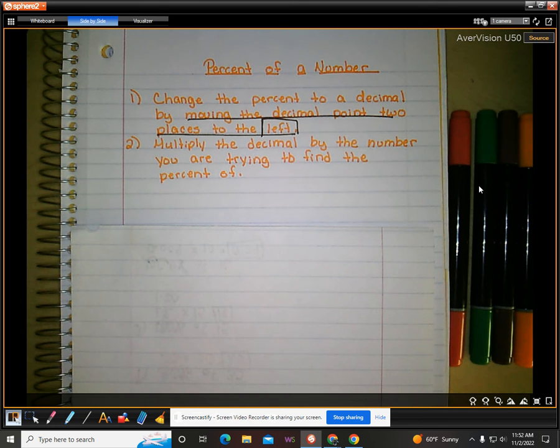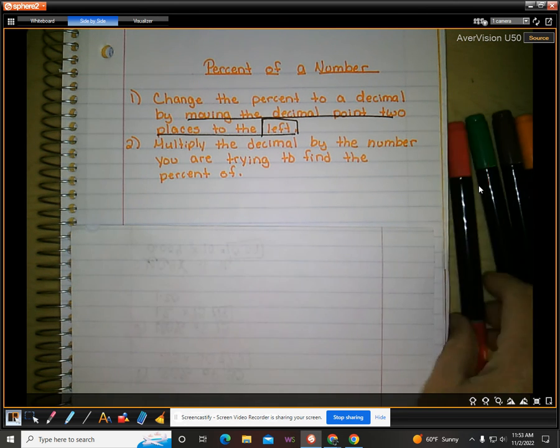Whether it's looking at discounts, or if you go out to eat and you're looking at a tip you're leaving, or if you're looking at a savings account and it gets a certain interest rate, that all relates back to percent of a number. So this is something you will use.